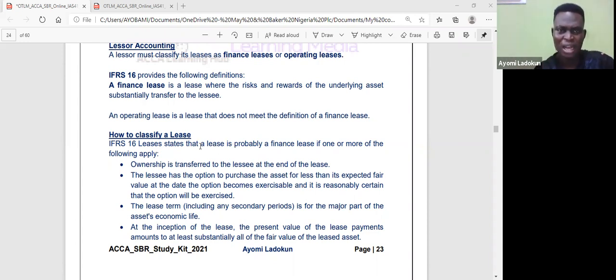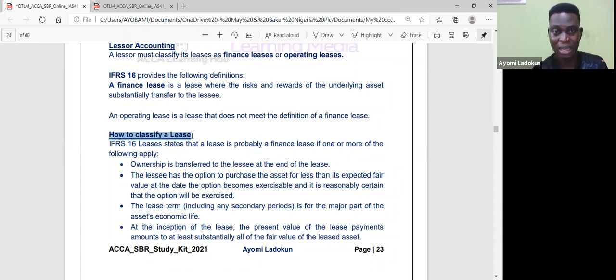IFRS then goes further to tell us that if one or more of these points is present in a contract, that may suggest it's a finance lease. I won't go through all the points, but let me speak about a few. For example, ownership transfers to the lessee at the end of the lease term. If ownership is going to transfer, then it's a finance lease. Why might you need to learn this?